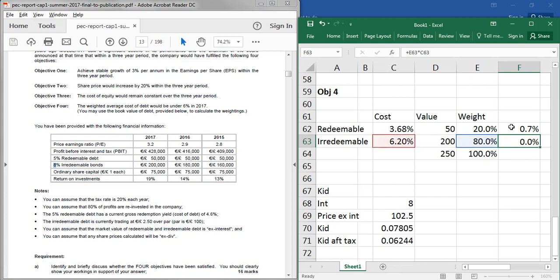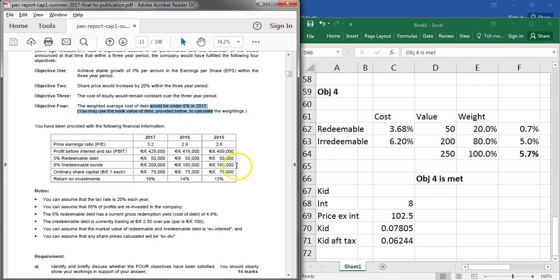So having both of those weights, we add them up and we say our weighted average cost of debt is 5.7. Much the same as we do WACC, other than we leave out the equity here. So our objective 4 is met. So remember, get your marks, get your conclusion, that they wanted the weighted average debt under 6%, and it is.